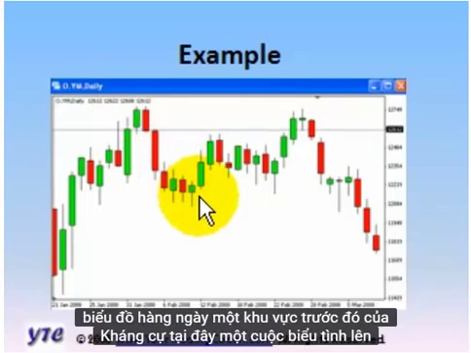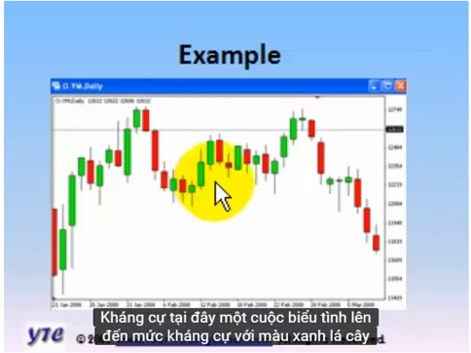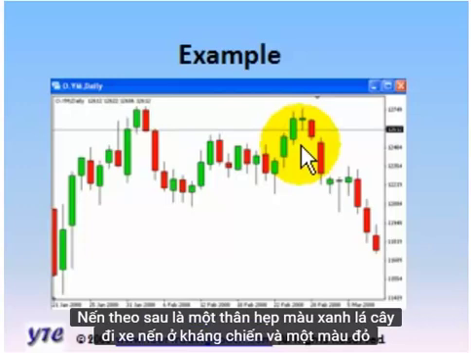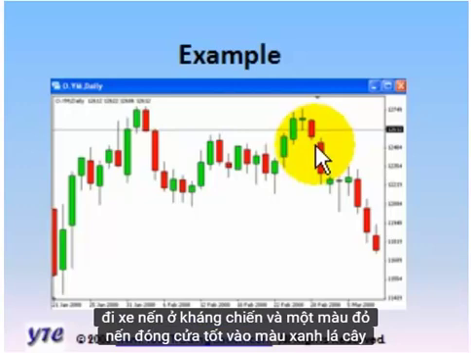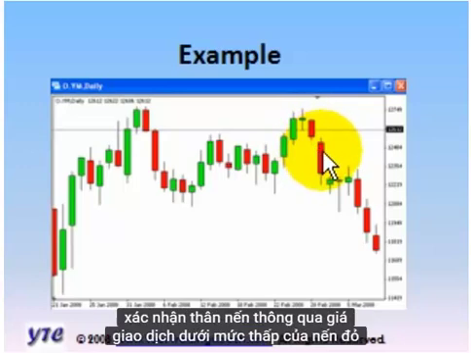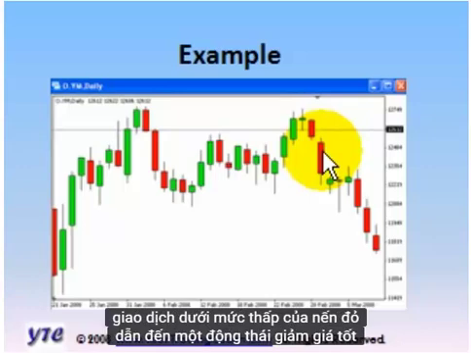A rally up to the resistance level with a green candle followed by a narrow body green candle right at the resistance and a red candle closing well into the green candle body. Confirmation through price trading below the lows of the red candle, leading to a good downtrending move.